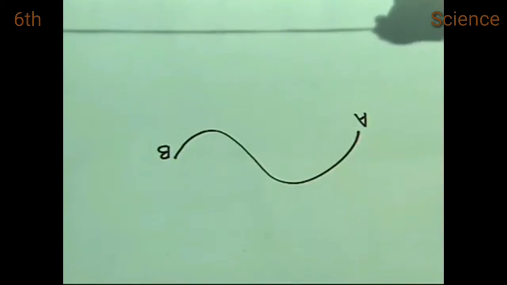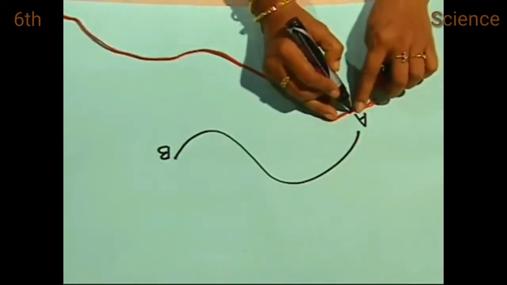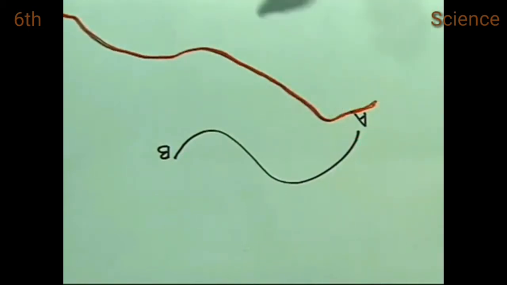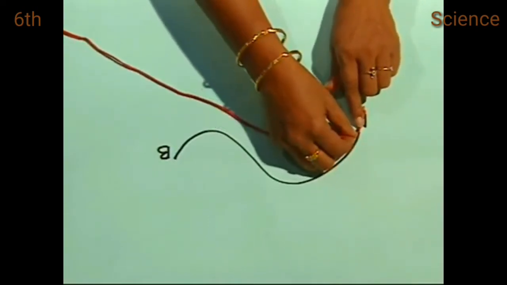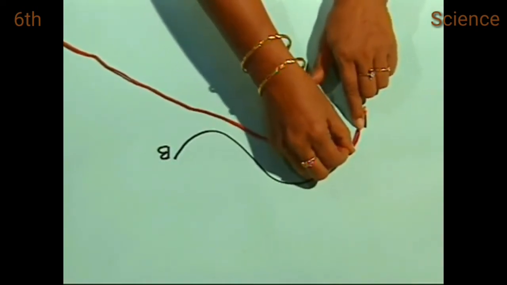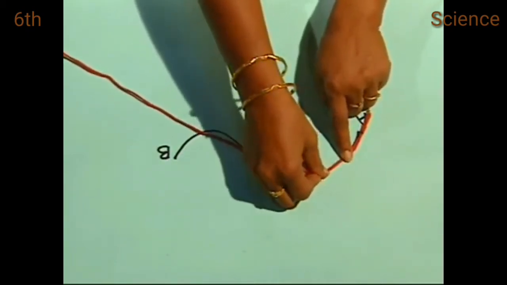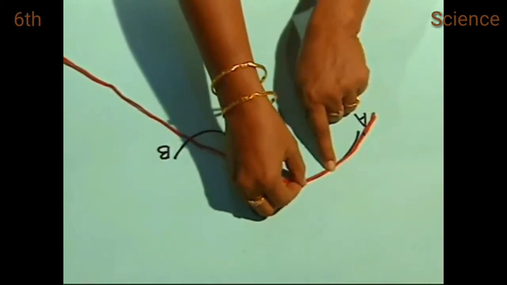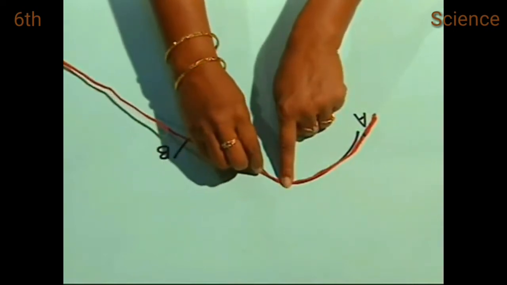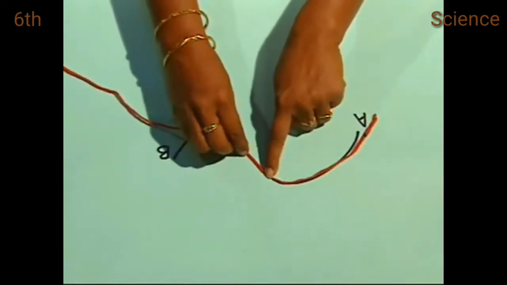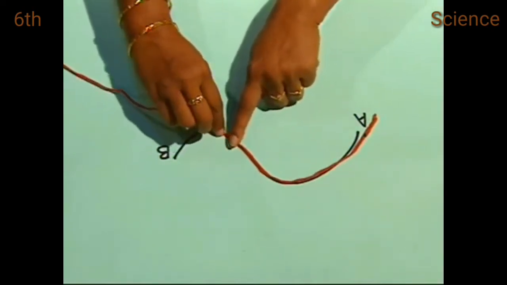See, here with one thread, I am measuring the curved line, and I am marking here A. See, from A, you measure the curve like this, and you take it correctly.